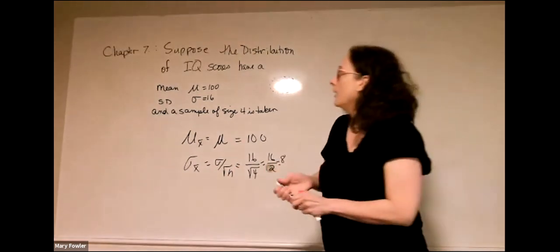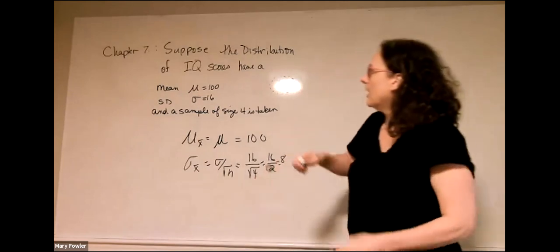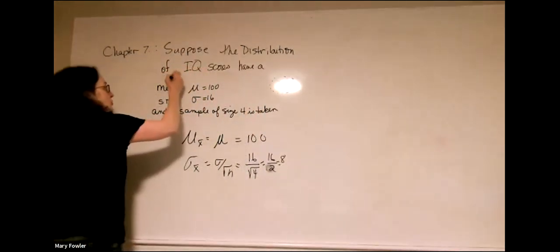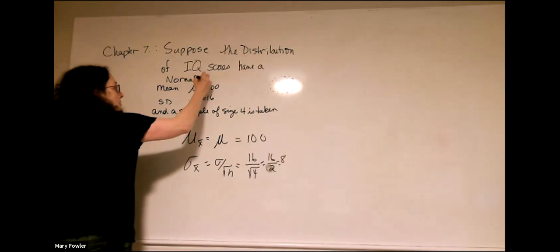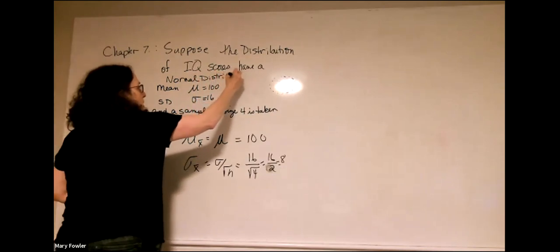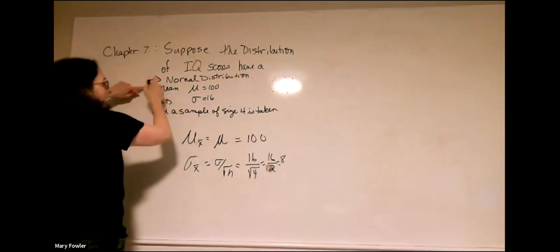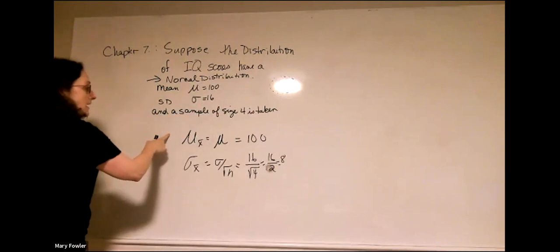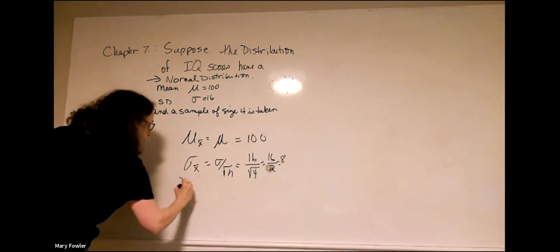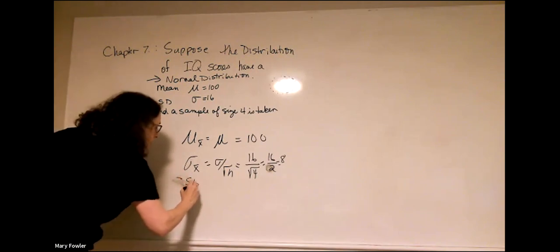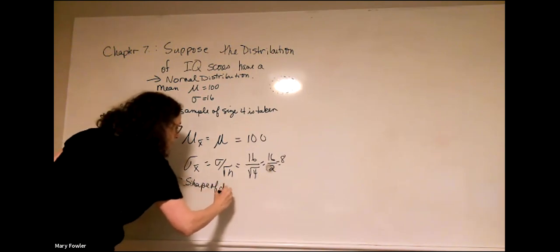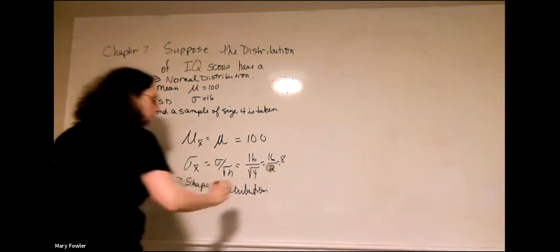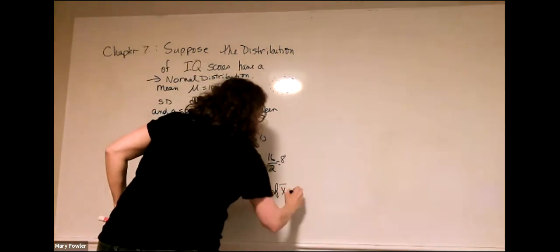Additionally, once we state that the IQs have a normal distribution, which we didn't know but I'm just going to add it explicitly, once I add that the parent has a normal distribution, we can also say that the shape of the distribution of X bar is normal.